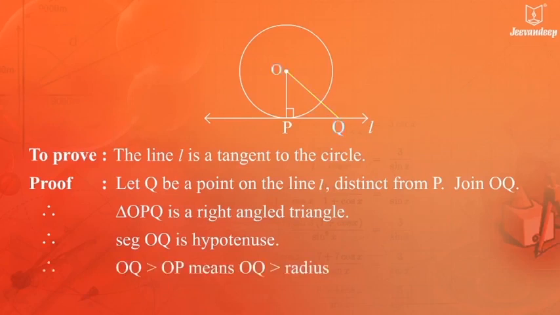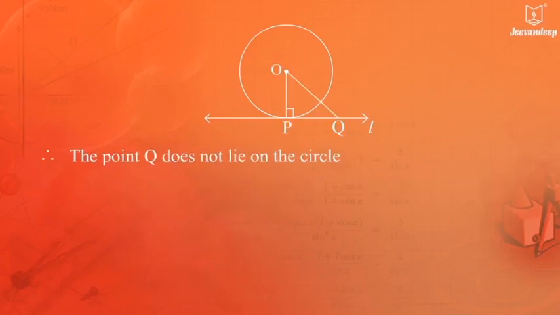Therefore, OQ is greater than OP, which means OQ is greater than radius, or OQ is not equal to radius. Thus, point Q does not lie on the circle.